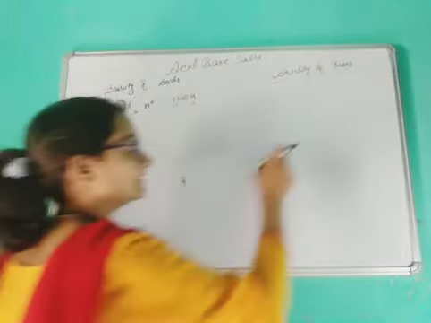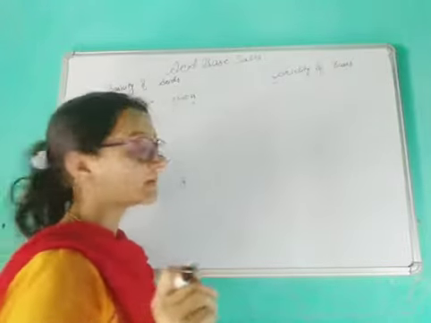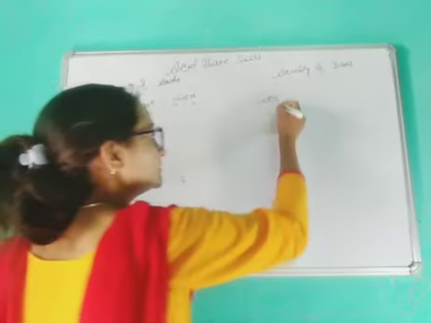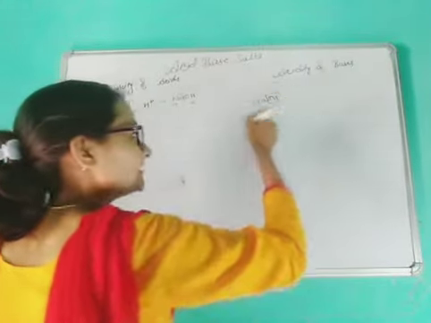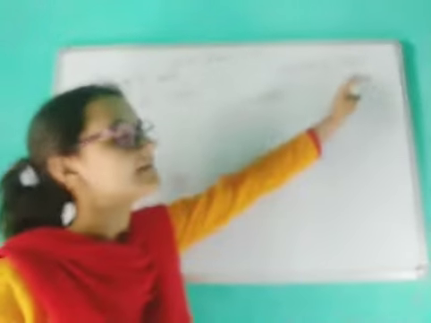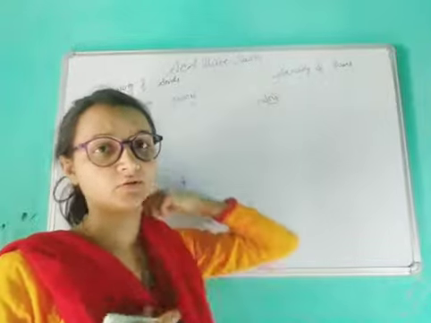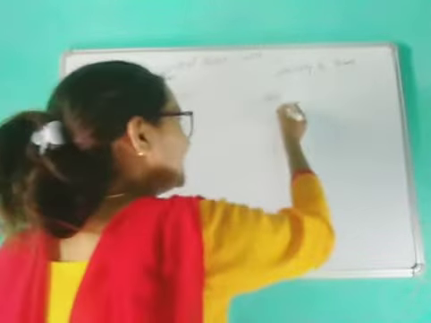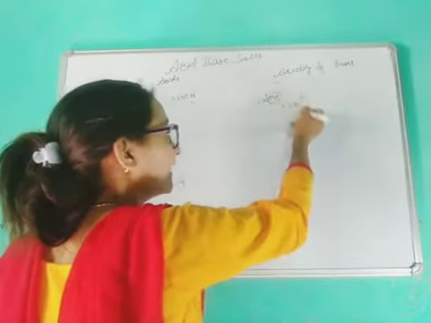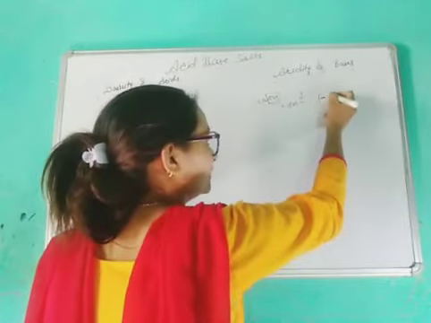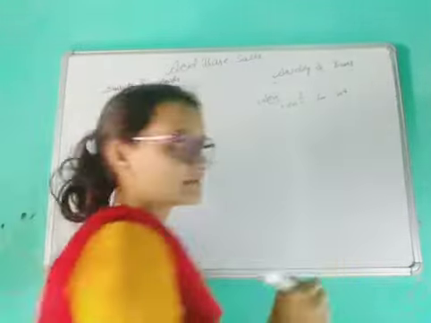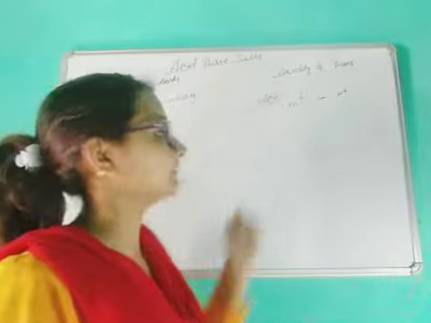Or in the acidity of bases, there is only one NaOH. The number of OH negative ions produced per molecule is the acidity of base. This is a base and its acidity will be 1, because it's releasing only one hydroxyl ion to get combined with one H plus ion. That's why it is called acidity of bases.